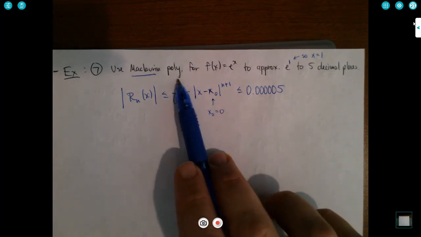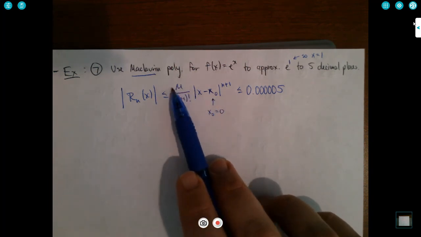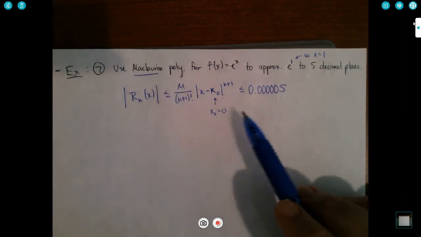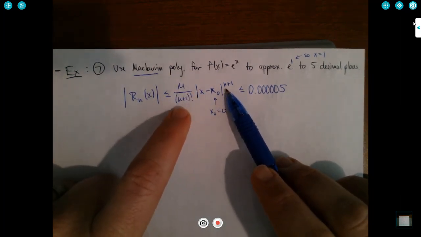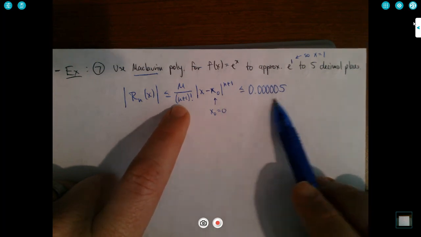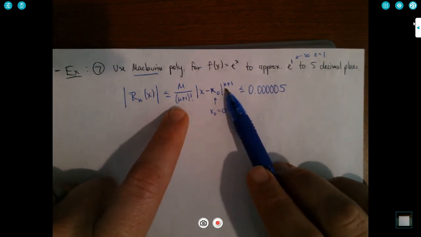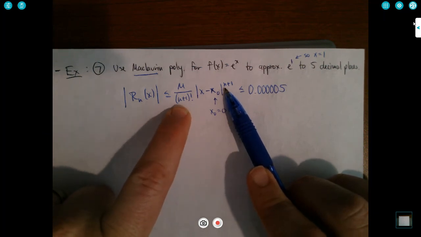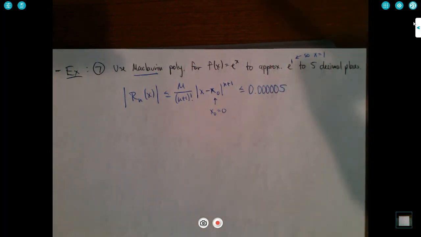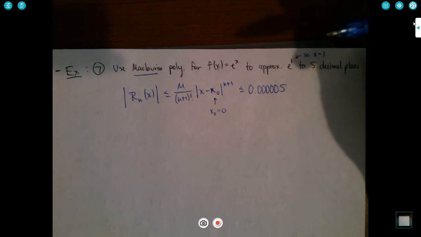We need to figure out M. Once we have M, then we'll be able to solve for n so that this inequality holds. Once we know what n is, then we'll know what order Maclaurin polynomial we need in order to approximate this thing. So let's figure out what M needs to be.